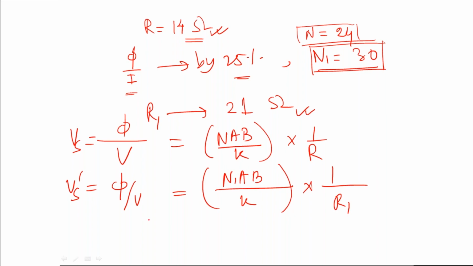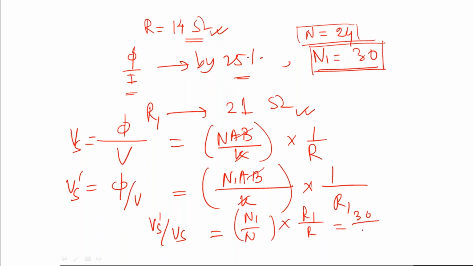If I take the ratio, S prime by S, then K, A, B will cancel from both of them. N1 by N, and now this will be R by R1. Okay, so look, I just put the value. N1 is 30 divided by 24, and R1 is 21 divided by 14.